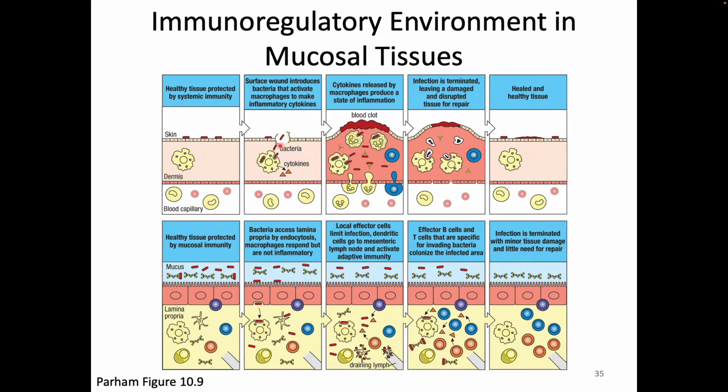If you looked at the same process in a mucosal tissue, you would see something different happening. There are still innate immune cells like macrophages that are living there. So here's a macrophage living in the mucosal tissue, just like a macrophage that we saw living in the skin.